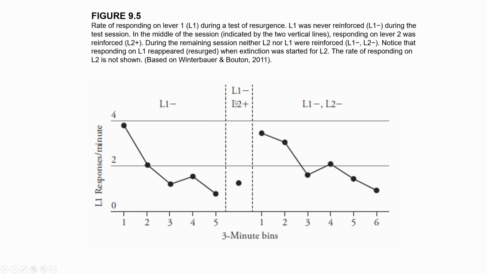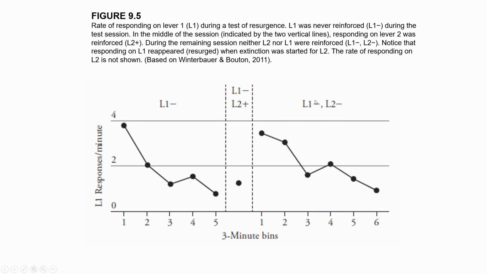Then we enter a new stage where lever 1 is still not being reinforced. It's still L1 minus, but we introduce that lever 2 can get you reinforcement. So the idea here is that if you press lever 2, you will get food. And so because lever 1 is still not being reinforced, our pressing of lever 1 stays fairly low.